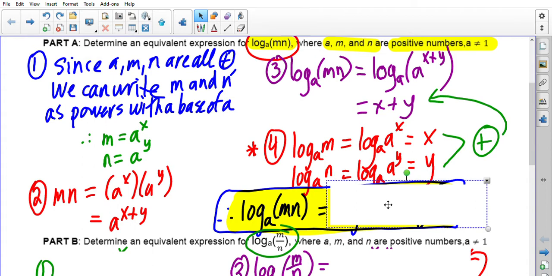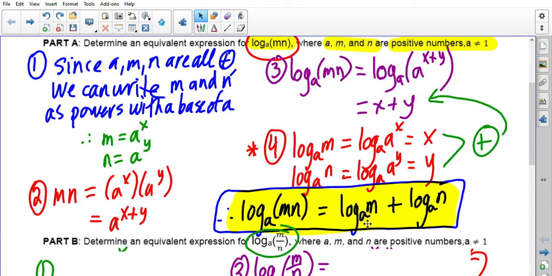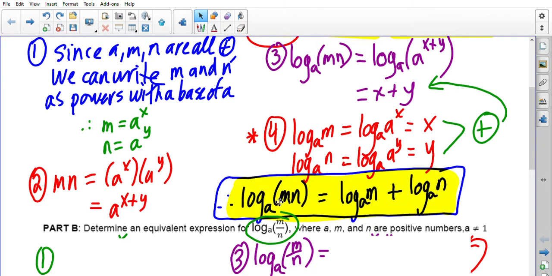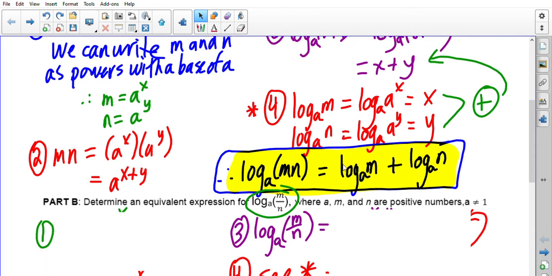So it can be written as log of m to the base a plus log of n to the base a. When there's a product inside the log, you can separate them and add their logs together. Notice that they have to have the same base. This is your first log law. So our new log law of the day is this one.